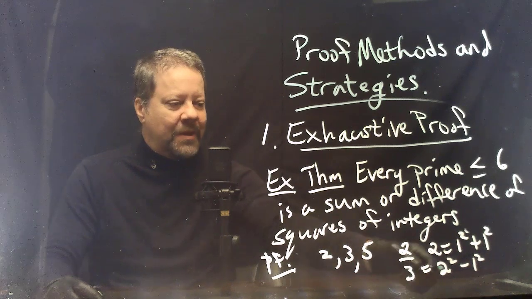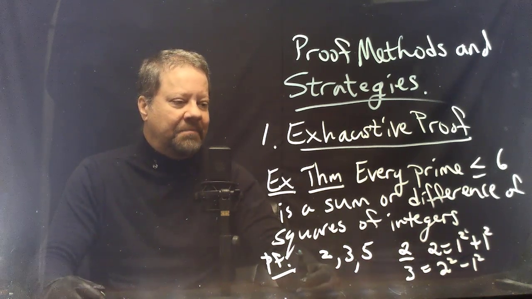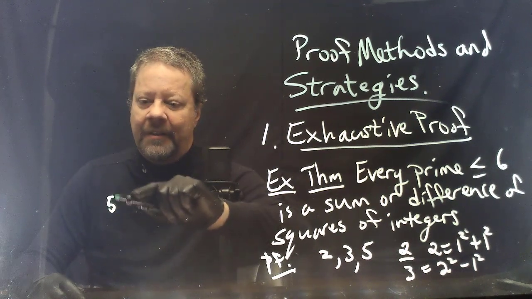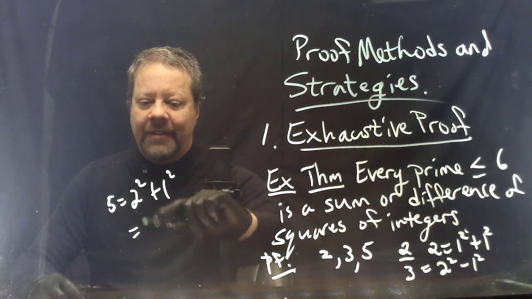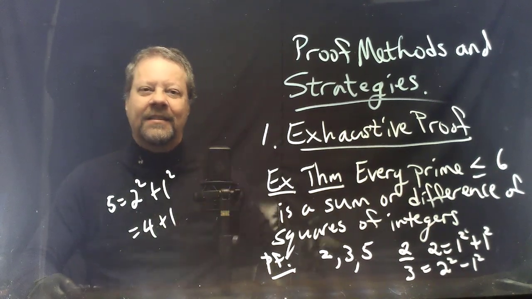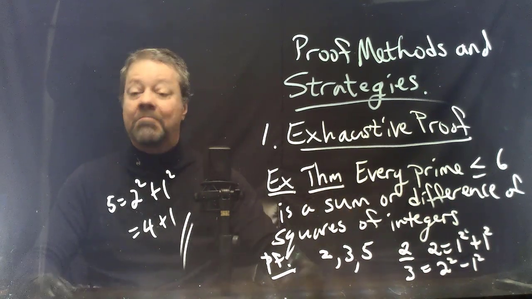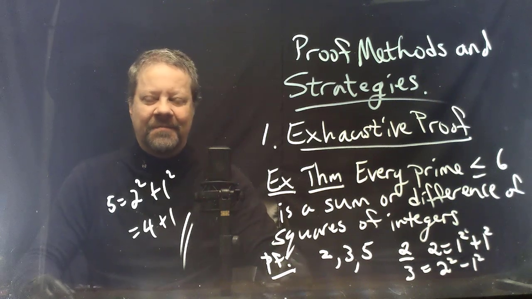So 2 squared is 4, minus 1 is 3. There's only one more to check. How about 5? 5 is 2 squared plus 1 squared. Right. So that's the end of the proof. We've exhausted all possibilities for primes less than or equal to 6.